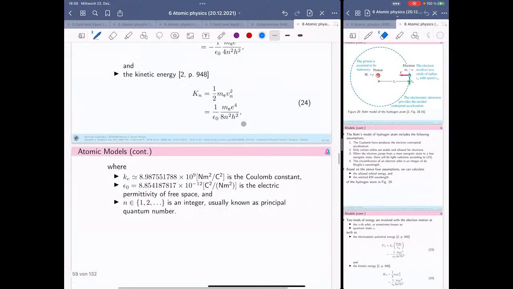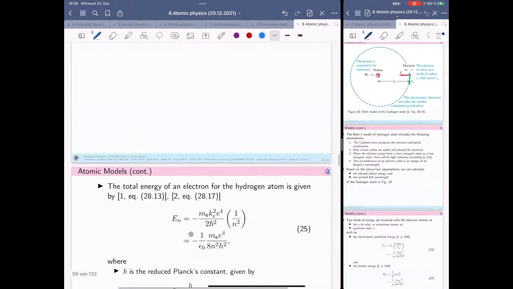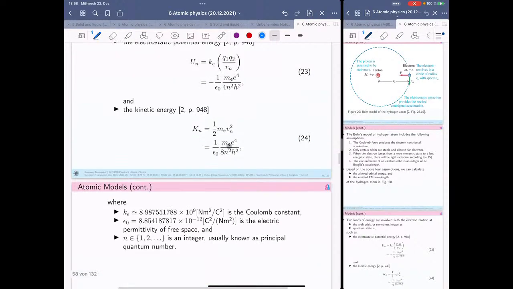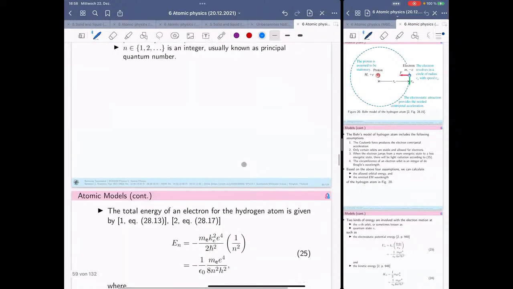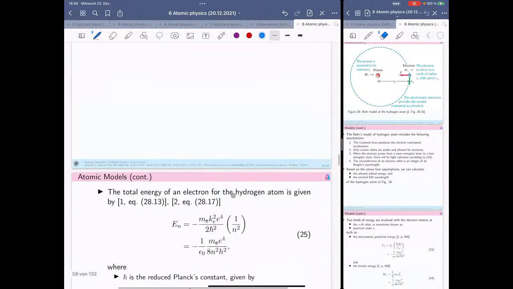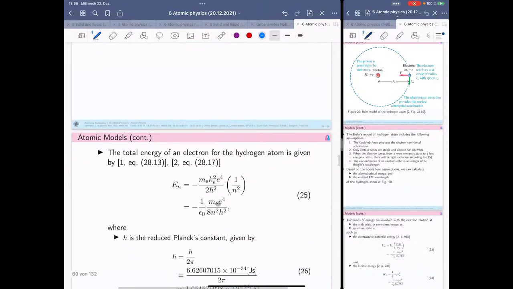You just make the combination of these two values. Adding this term to this term, you get 1 over epsilon 0 squared times 8 n squared h squared m_e e^4.